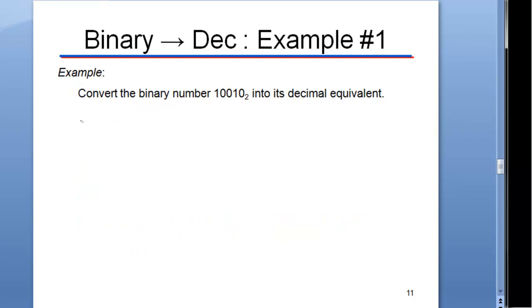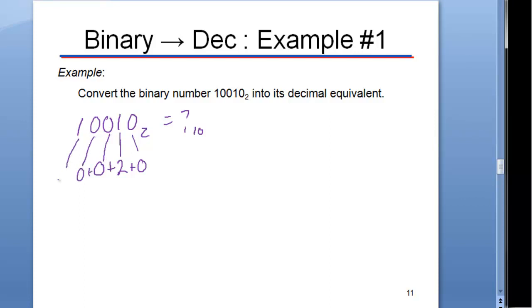So we have 10010 base 2 equals, we don't know, base 10. In the ones place, we have nothing, so that's 0. In the twos place, we do have a 1, so we have 2, plus 0 in the fours place, plus 0 in the eights place.